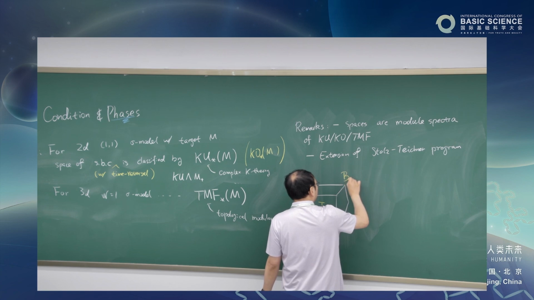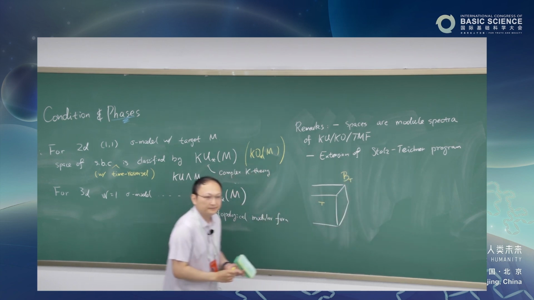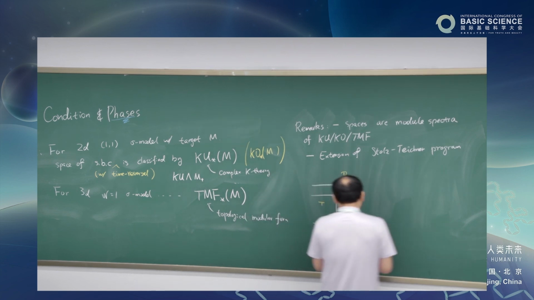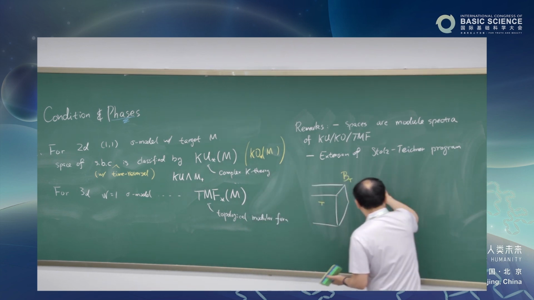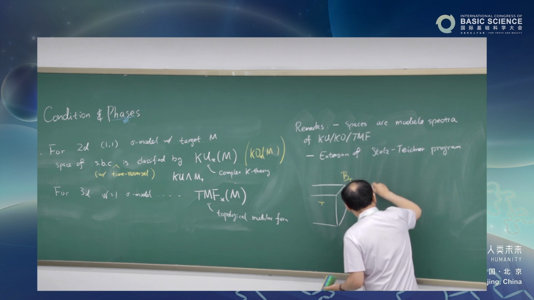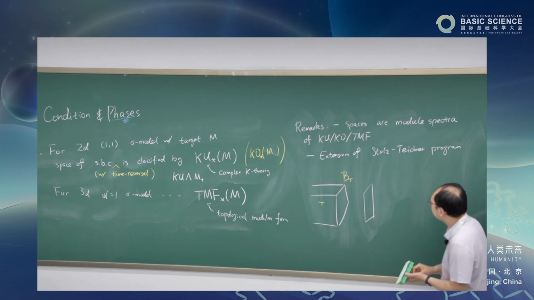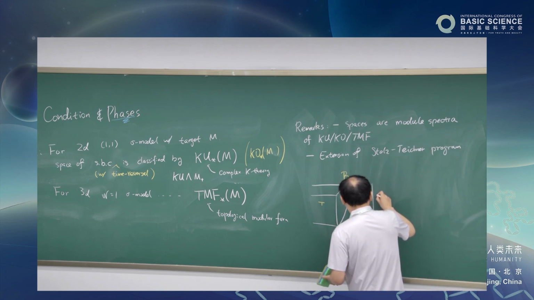Let's denote it by BT. Then this space has an action of theories, supersymmetric theories, that are well defined by themselves. So this would be a particular 2D theory. So let me write T2D.